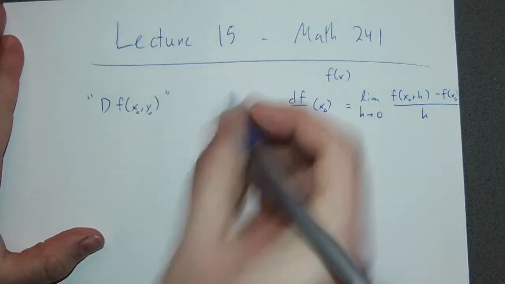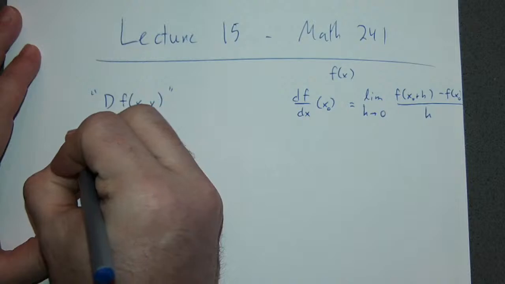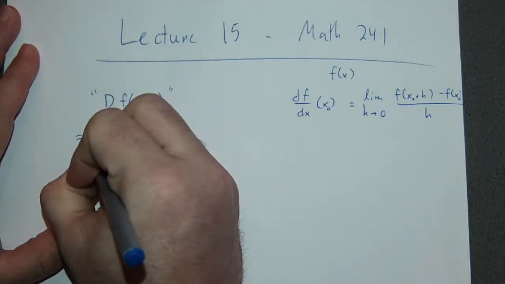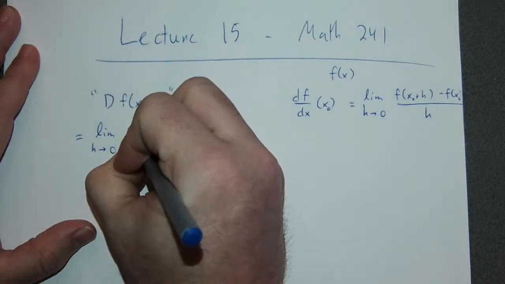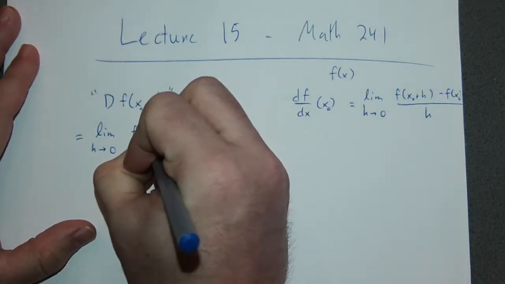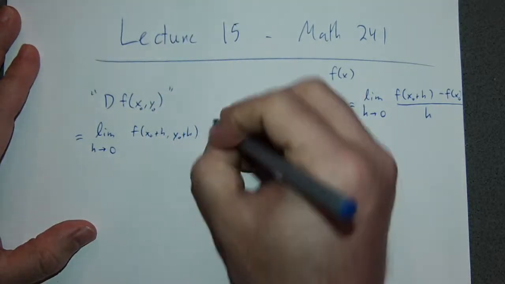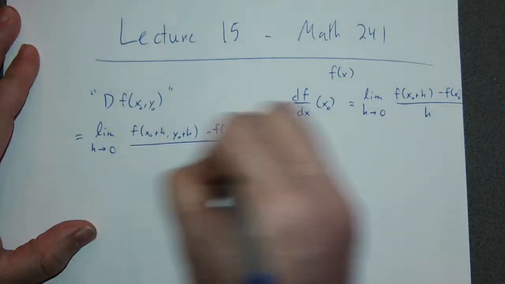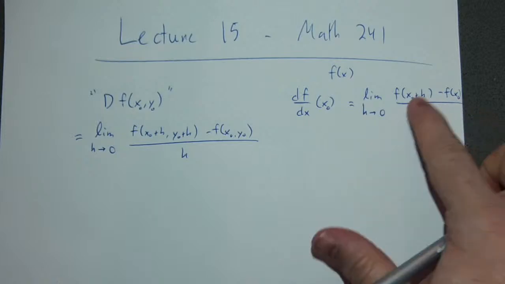So if we're doing this at a particular point, x naught, y naught, then you might think this should be the limit as h goes to 0 of f of x naught plus h, y naught plus h, minus f of x naught, y naught over h, right? Maybe you think that is what it should be defined as, because that is what's going on here.